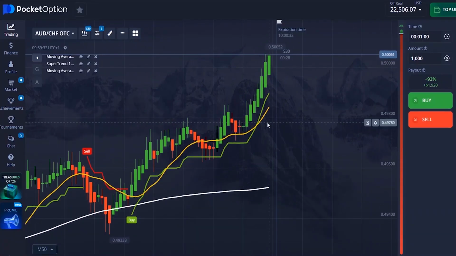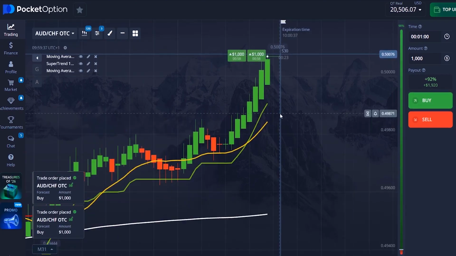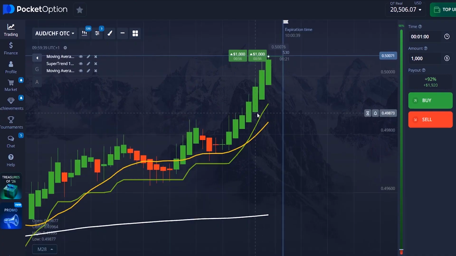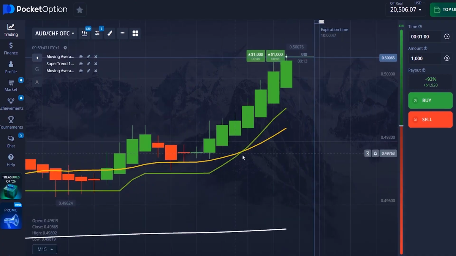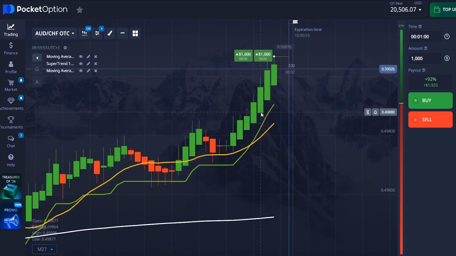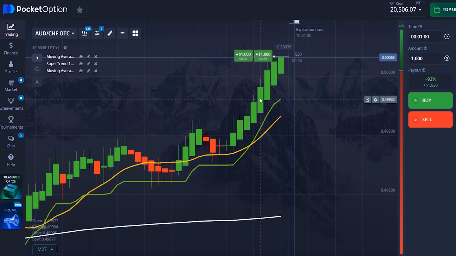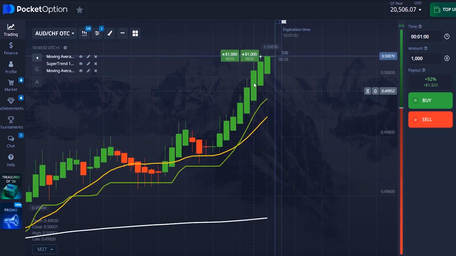So right here I found another opportunity for an up position. Right here I have the intersection of my Supertrend indicator and my moving average line. Though I should have gone into the market much earlier. If I would have seen the opportunity much earlier, I would have gone into the market right here.